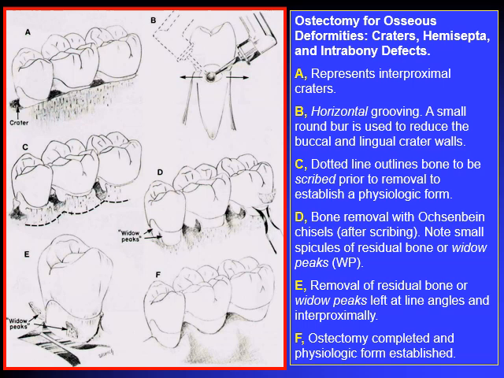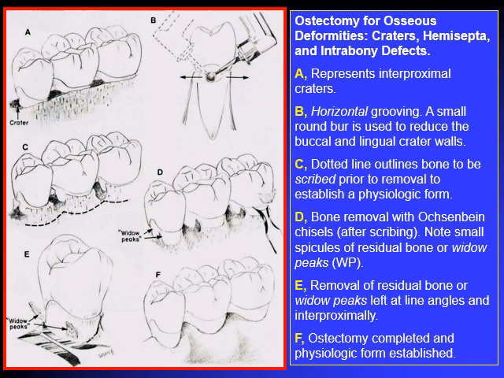So we have to remove these widow peaks. In E, as you see, removal of residual bone, or the widow peaks, at the line angles and interproximally. Then, as you see in F, osteotomy was completed and the physiologic form is established.